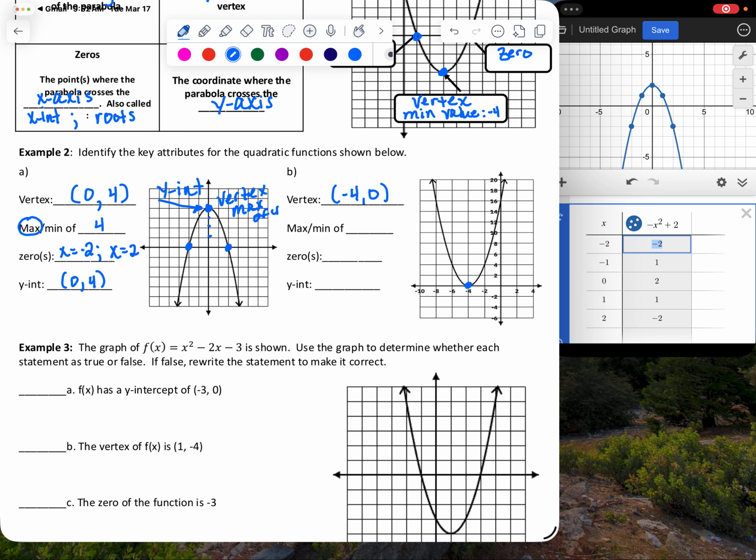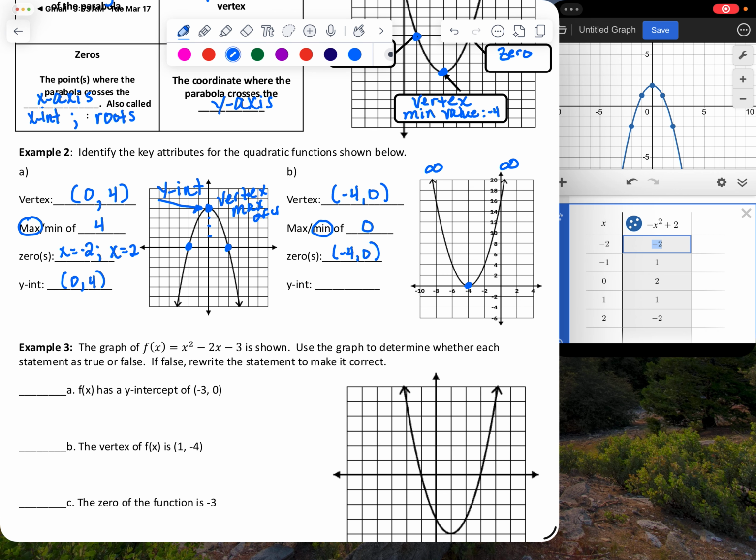The maximum value goes to infinity, positive infinity. So the minimum value is going to be the y value of your vertex. It has a minimum value of 0. Now, this parabola only has 1 zero. It only touches the x-axis one time at -4, 0.